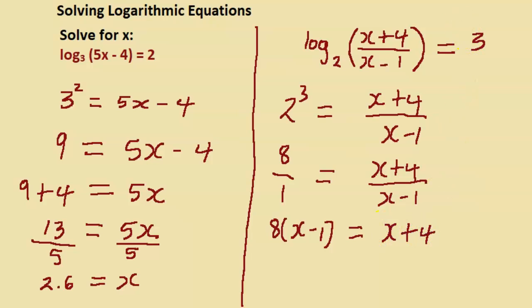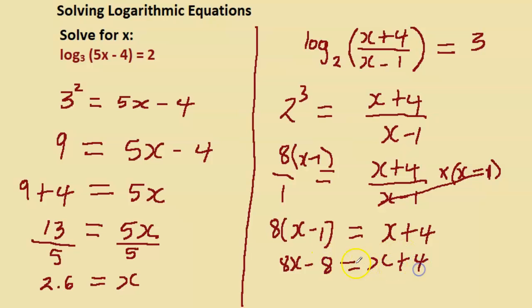Okay? So times both sides by x minus 1. So that's how we get the x plus 4. And then we times both x minus 1. Alright, so expand. We get 8x minus 8 equal to x plus 4. Group like terms. So it's 8x minus x is equal to 4 plus 8.